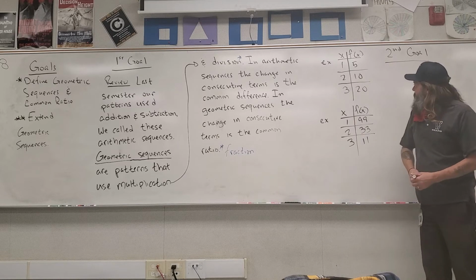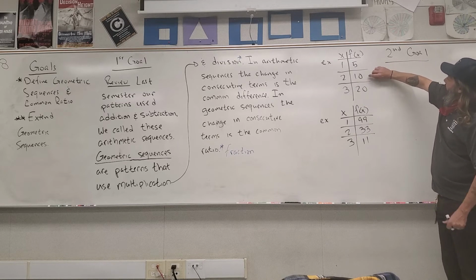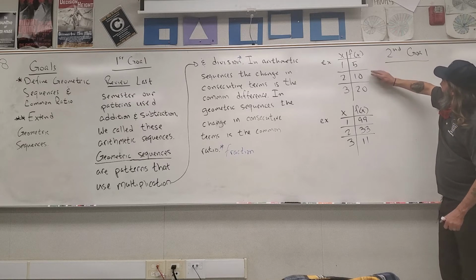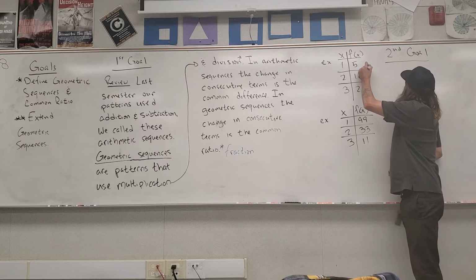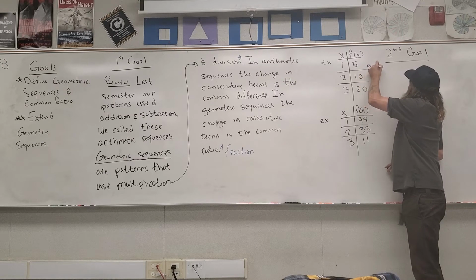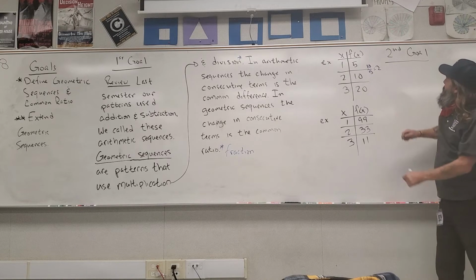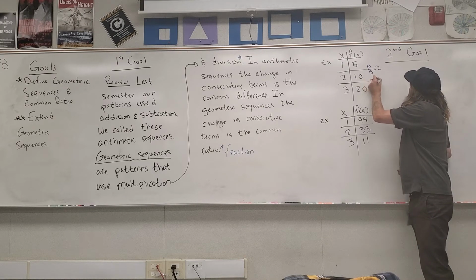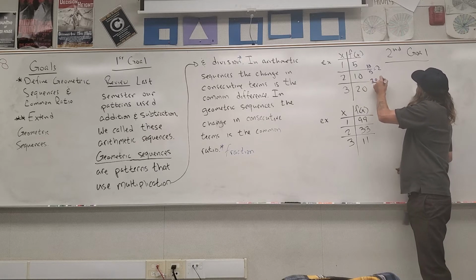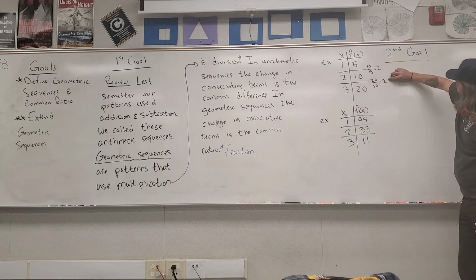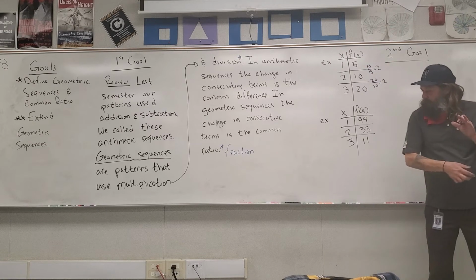And in fact, if I write the second term divided by the first term, 10 over 5, that is 2. For the third term, we divide by the second term, and we get 2 as well. So this table does in fact have a common ratio.